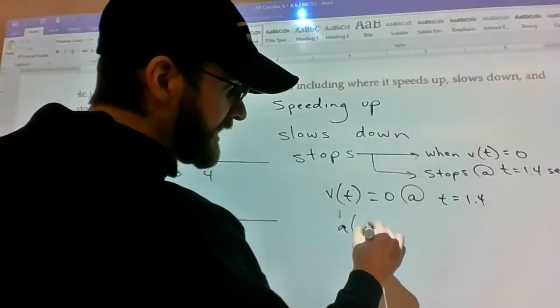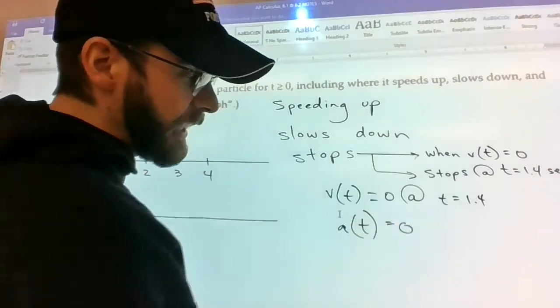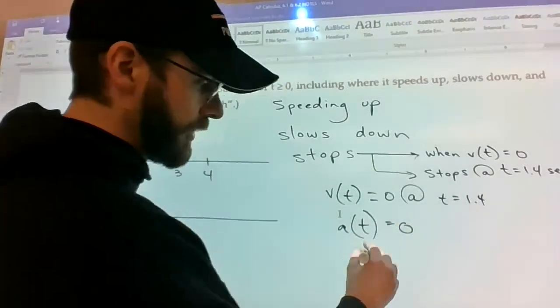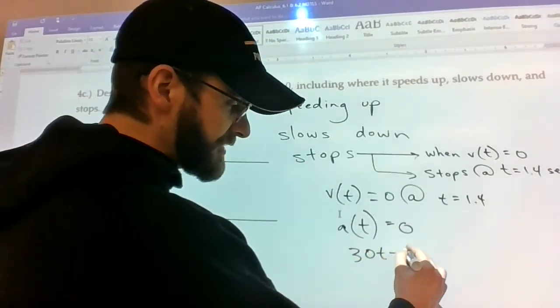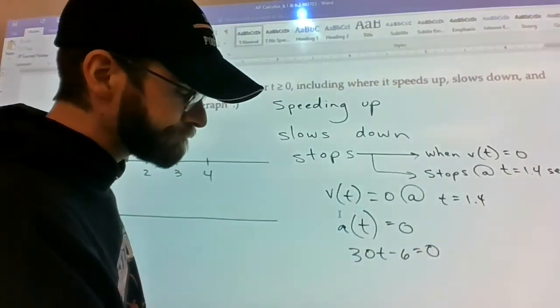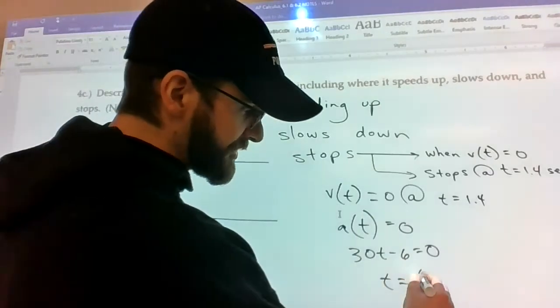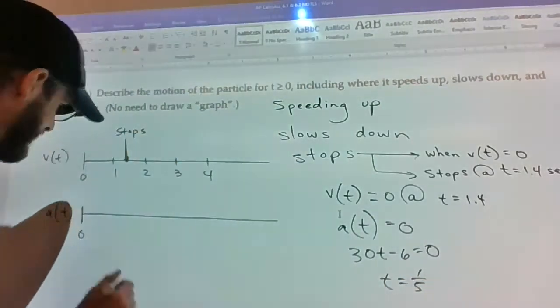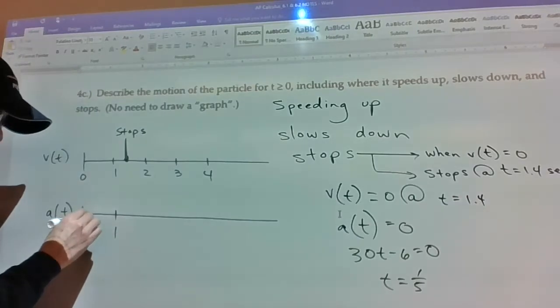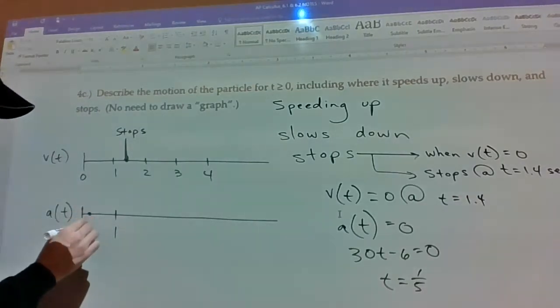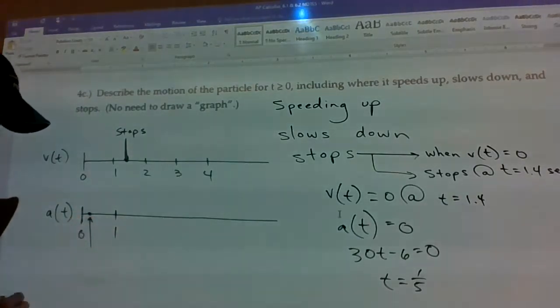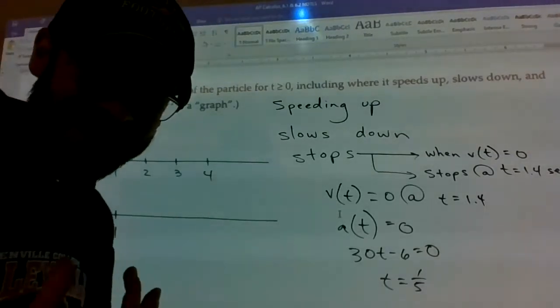Similarly, the acceleration is going to be a point of interest where that equals 0. 30t minus 6 was the acceleration function, so 6 divided by 30 is going to be 1/5. So t equals 1/5 right here is the place where the acceleration is 0.